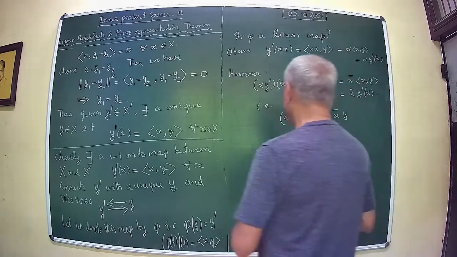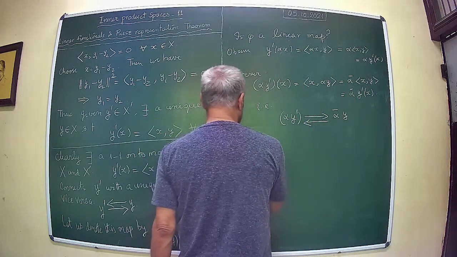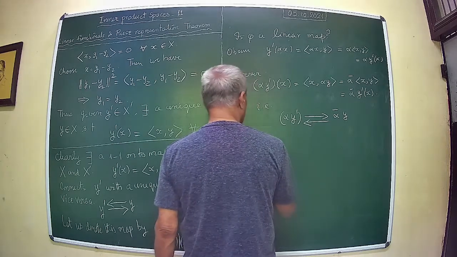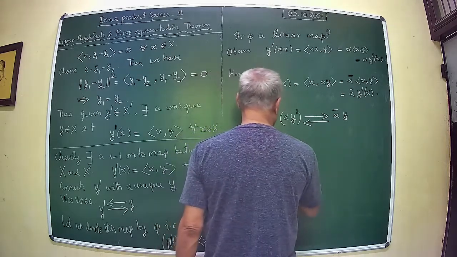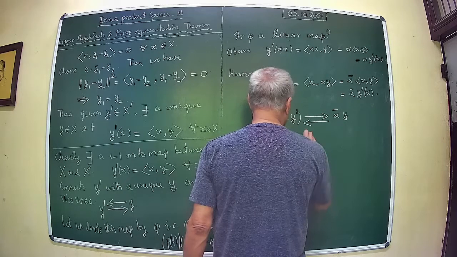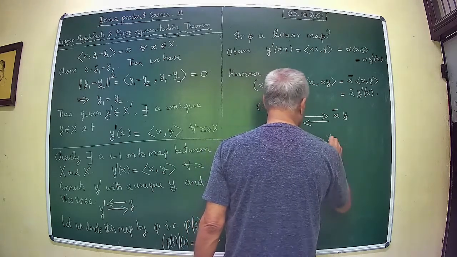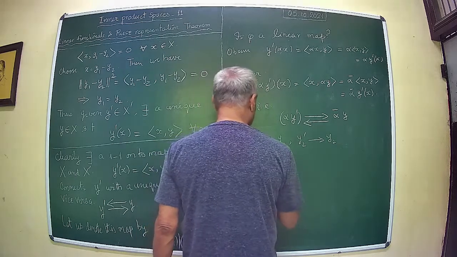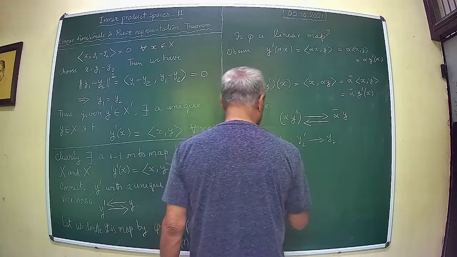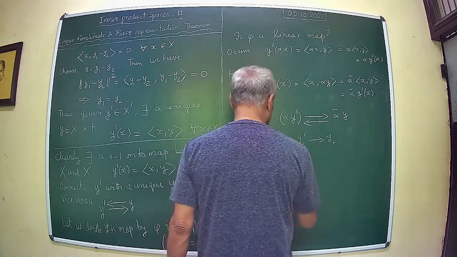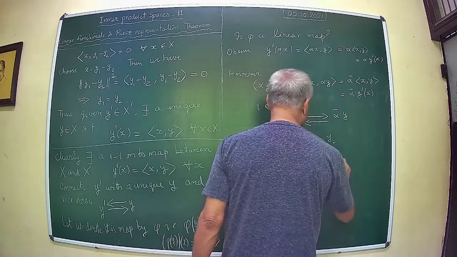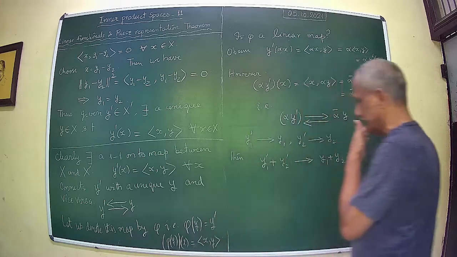Okay, now you can easily see that suppose y1 prime is associated with y1, y2 prime is associated with y2, then this is easily done.